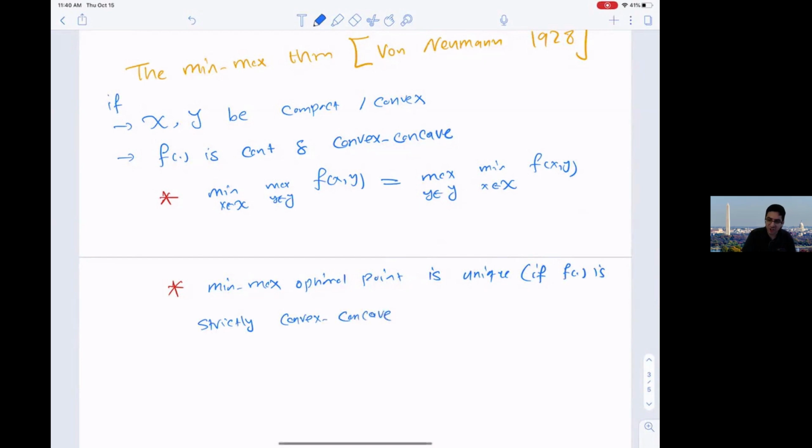If you look at the Hessian of f with respect to x, it doesn't have 0 eigenvalues, and same for y, and it is convex in x, concave in y.